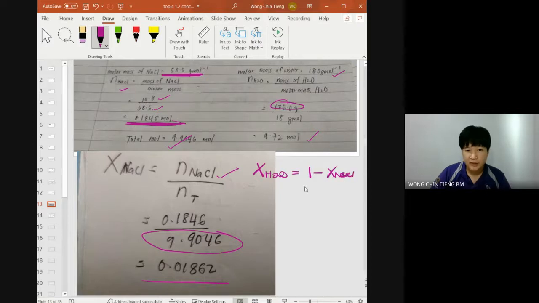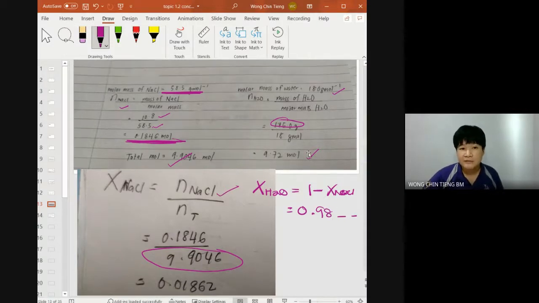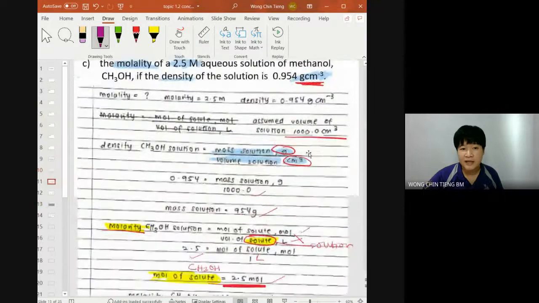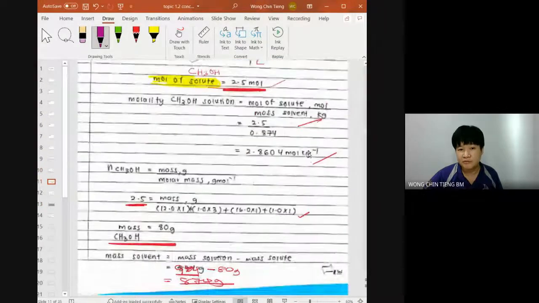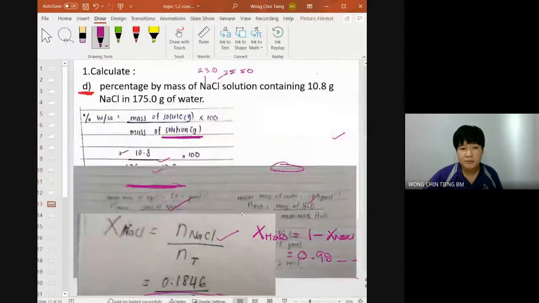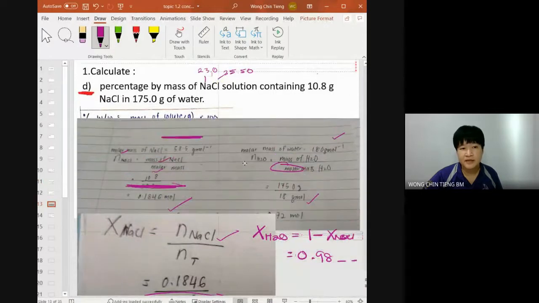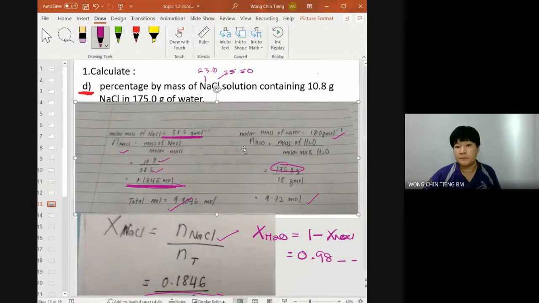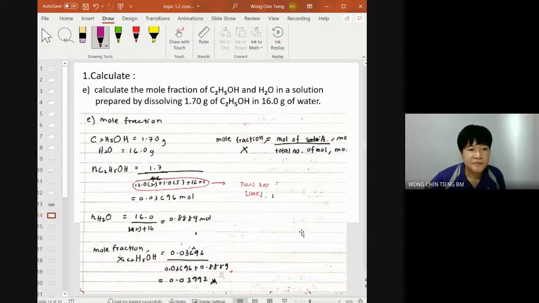So that is the reason why you have 0.98 something. Make sure there is no unit and keep it simple. Very easy. Okay, no problem. The problem will happen if you don't label your answers accurately. If you label your answers clearly and know who each mass is, it shouldn't be a problem. Make sure you label them. That's it. Okay. Question 1E.